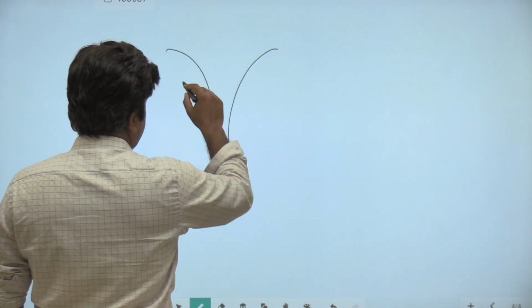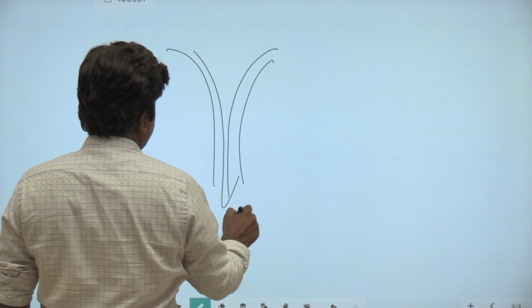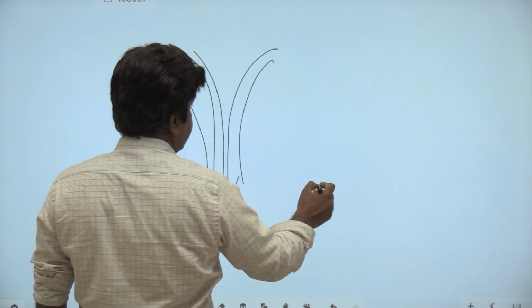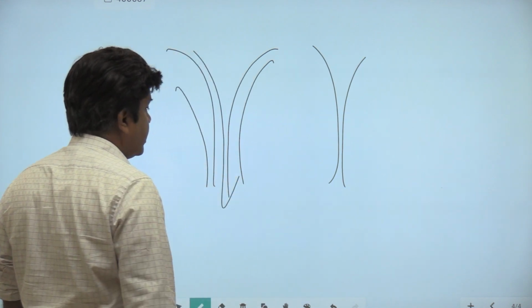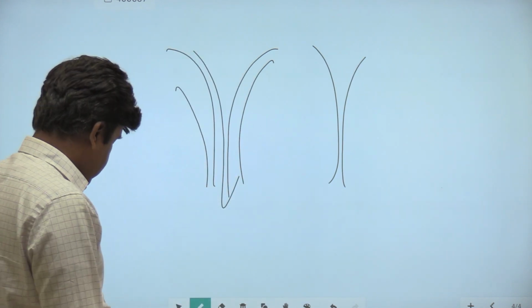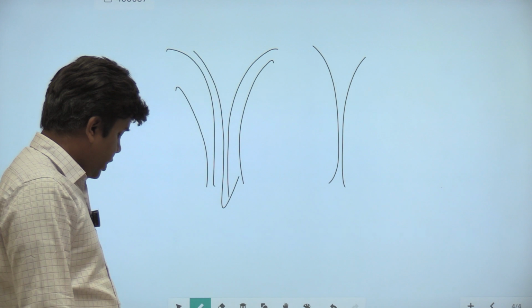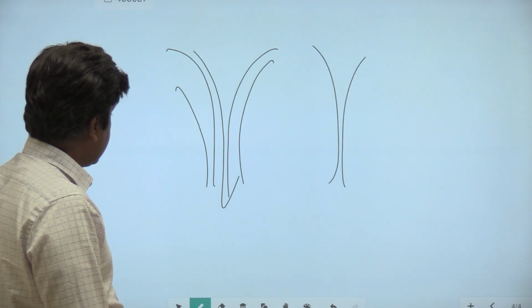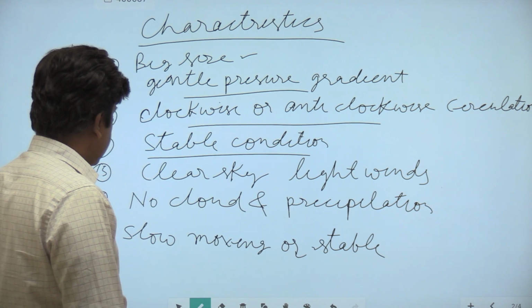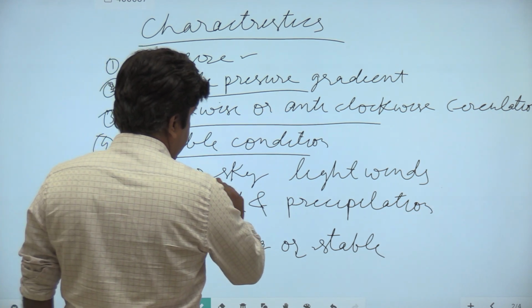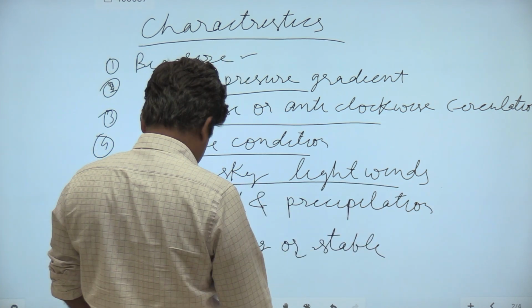If air has a tendency to move up, then this type of condition is known as unstable condition. So in an anticyclone the atmosphere remains in a stable condition. Clear sky and light winds.